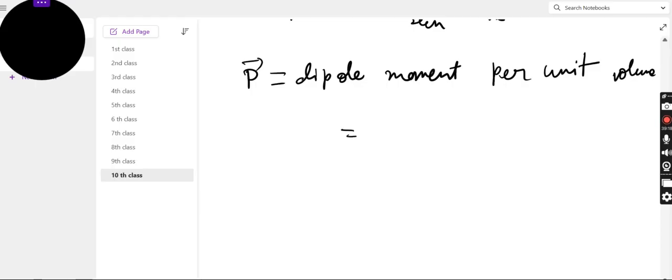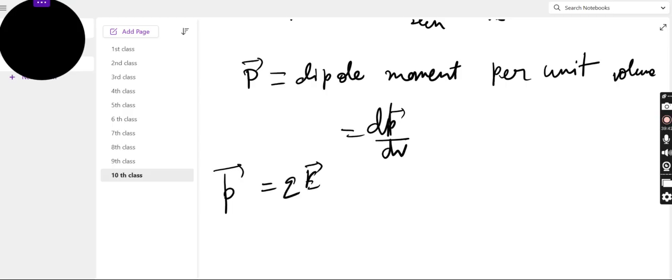So we can write this as dp by dv, that is small p. So small p is basically what we have seen, that q into e, that is the dipole moment.